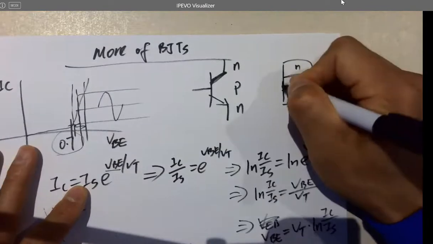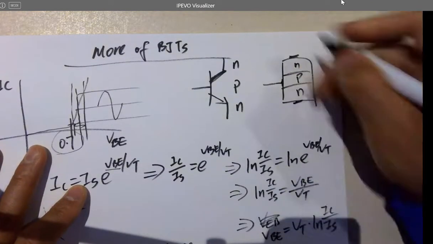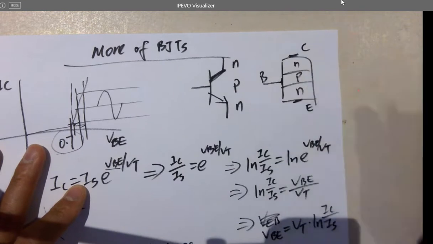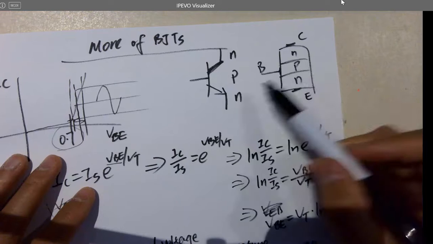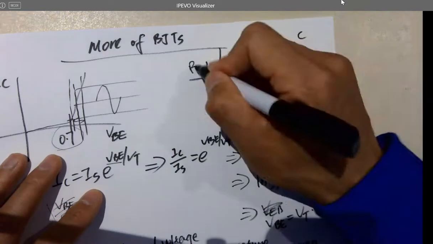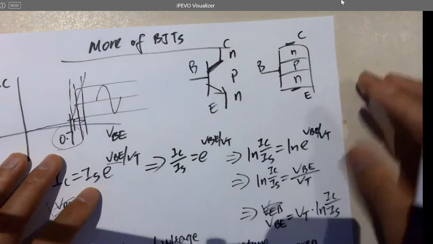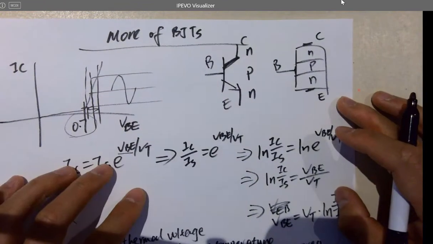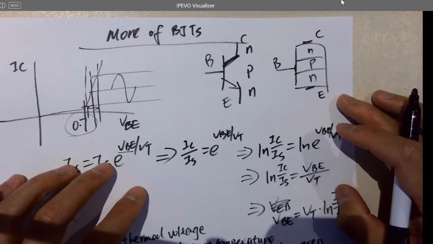Here's base, right? Here's collector, C, B, emitter, E, as for the transistor, like this transistor. So this is B, C, E. The emitter emits electrons, or currents.